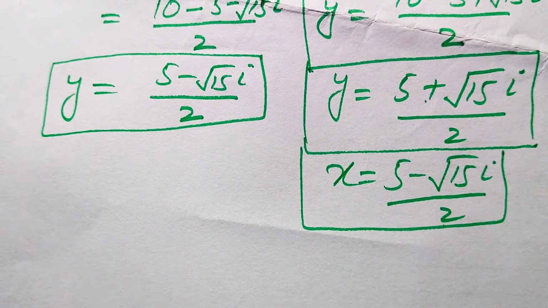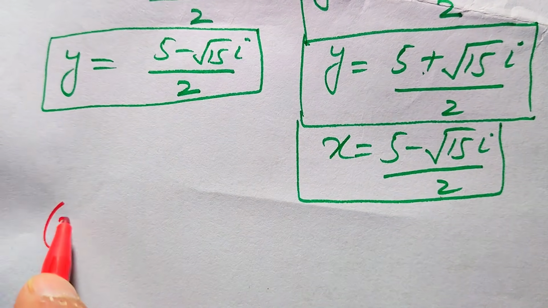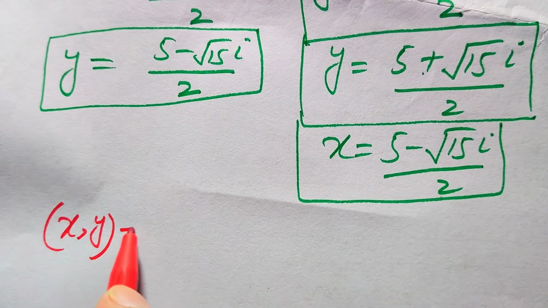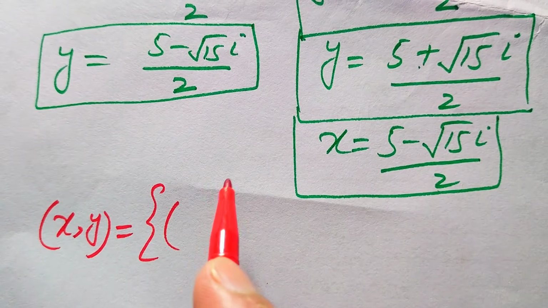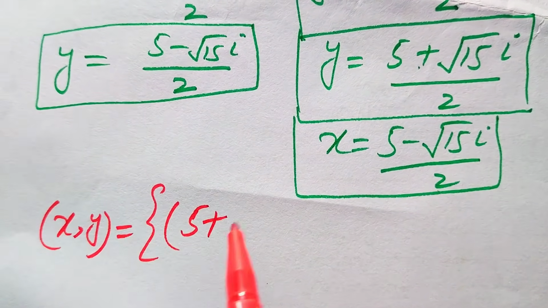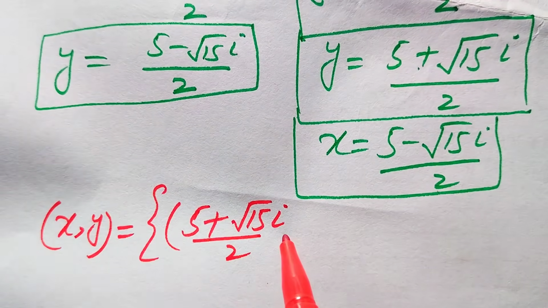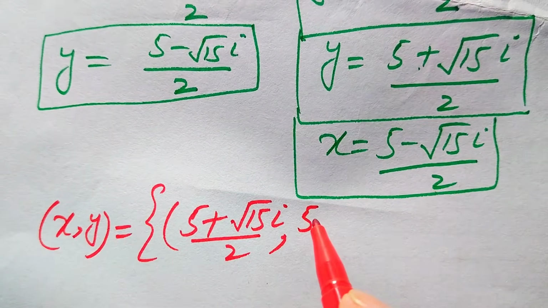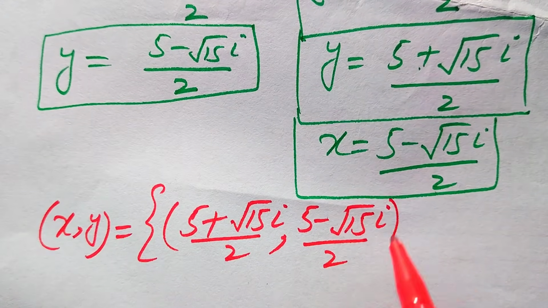So finally we have two roots of the given equation, and these two roots are in the form of ordered pairs of x, y. So the first ordered pair is: the value of x is (5 plus square root of 15 iota) divided by 2, and the corresponding value of y is (5 minus square root of 15 iota) divided by 2.